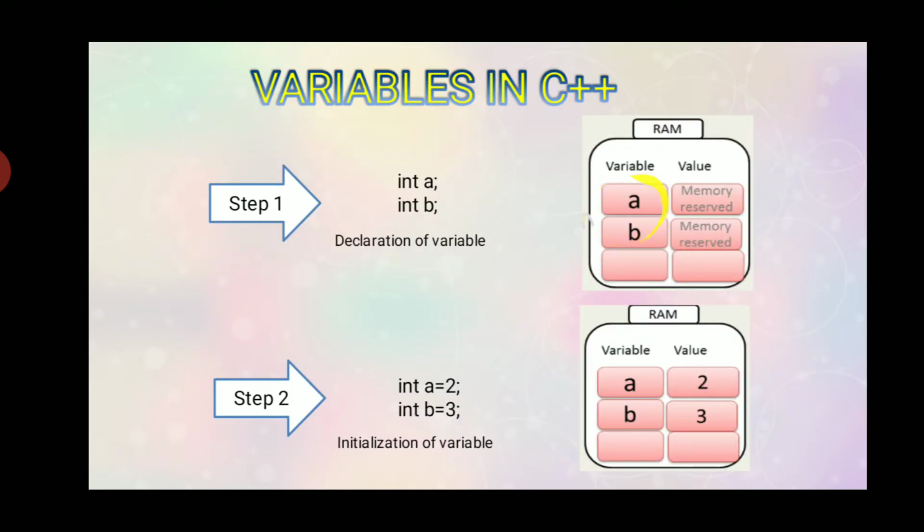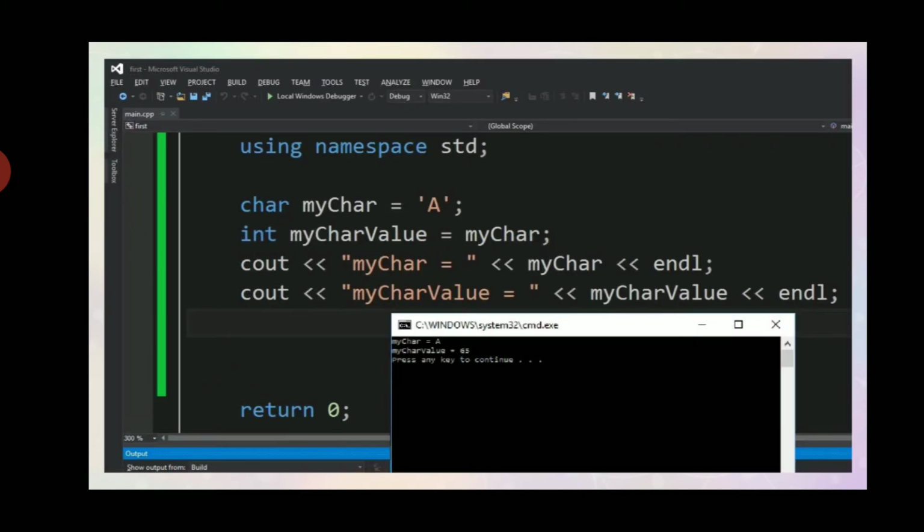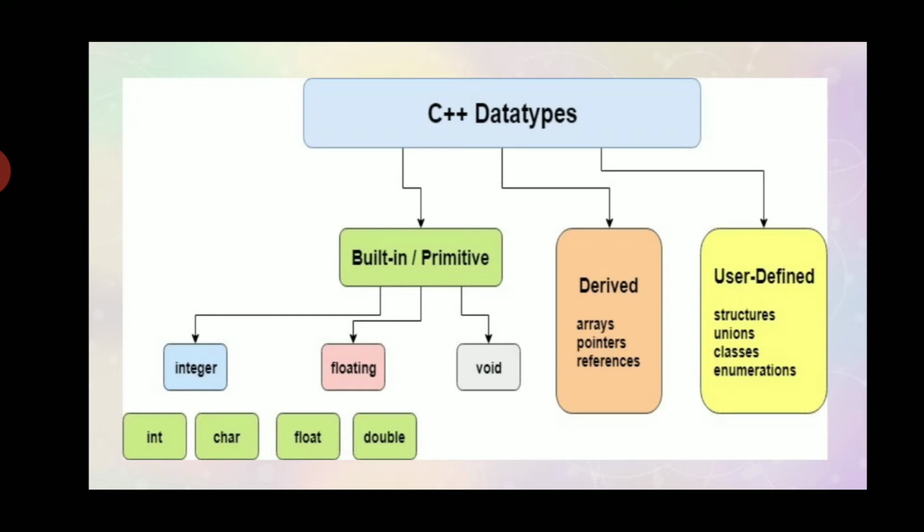Here a takes 2 bytes, and b also 2 bytes. So the total size of a and b is 4 bytes. Character is 1 byte and int is 2 bytes, that's why they come under the integer data type.